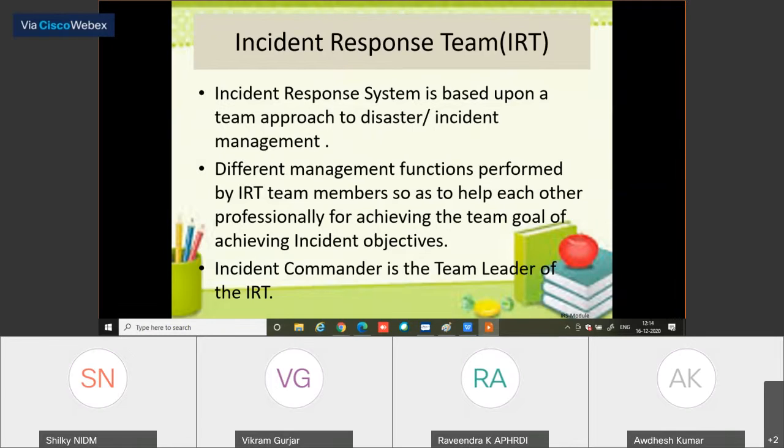So I would say that this IRS helps us in making a defined, very well laid down structure, depending upon the need of this incident, the need of this industry, or the disastrous situation which has taken place.